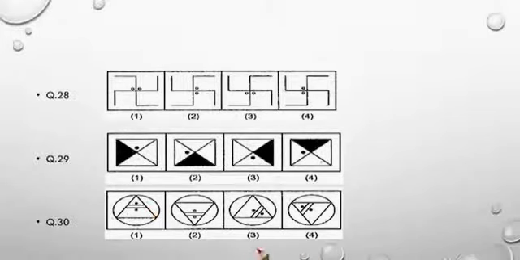When we see the dots carefully, we find that in case of option 2, the circles are not dark, whereas in case of option 1, option 3 and option 4, these small dots are black or totally dark. So answer to question number 30 is option 2.